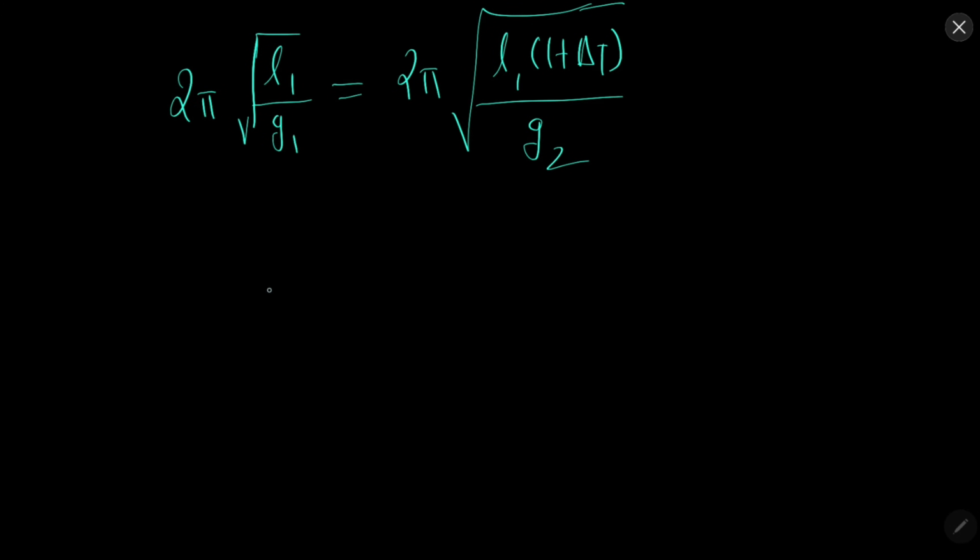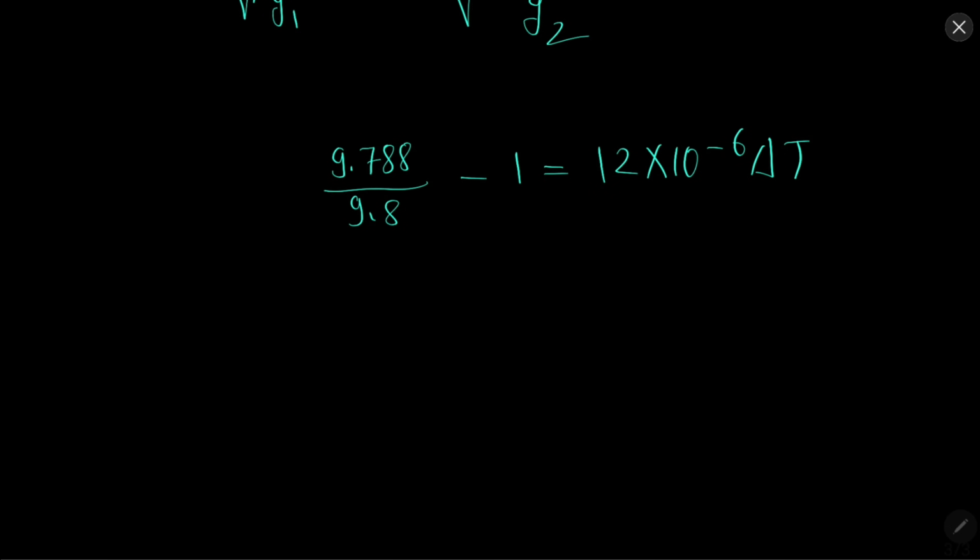So ultimately when we put the values, we will obtain 9.788 over 9.8 minus 1 equal to 12 into 10 to the power minus 6 del T. So ultimately del T will come out minus 0.00122.